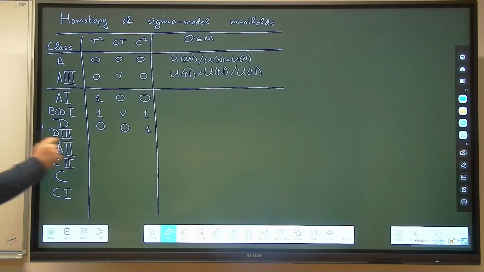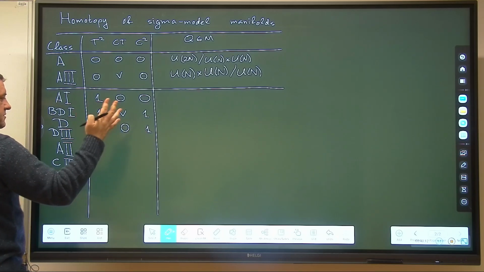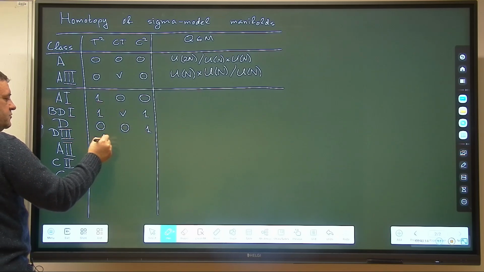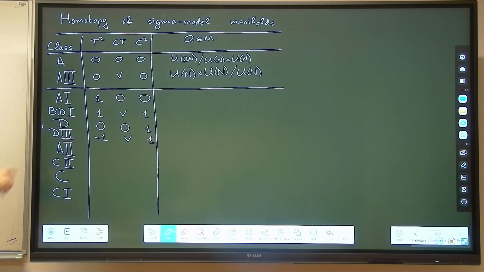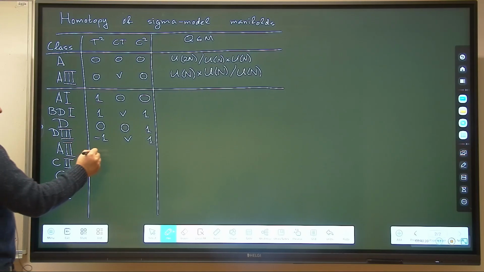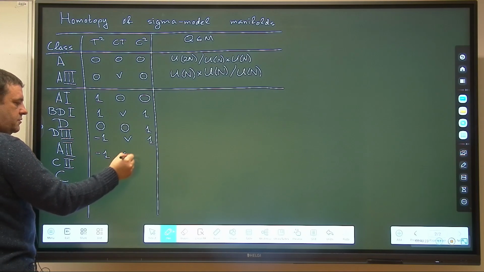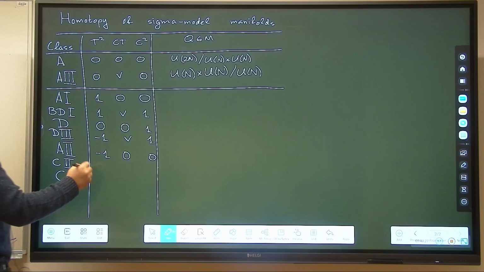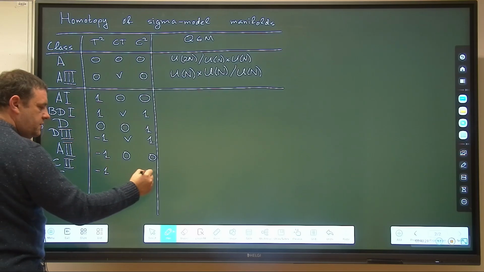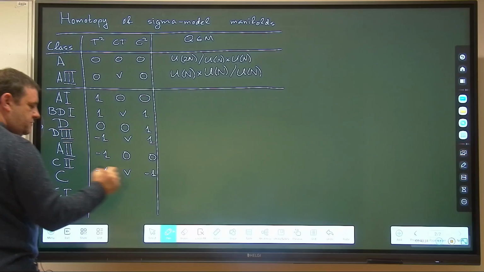Class D3, superconducting symplectic. T squares to -1, C squares to +1, and there is a CT symmetry. Class A2, usual symplectic, -1, 0, 0. Class C2, chiral symplectic, -1, -1, and CT symmetry.